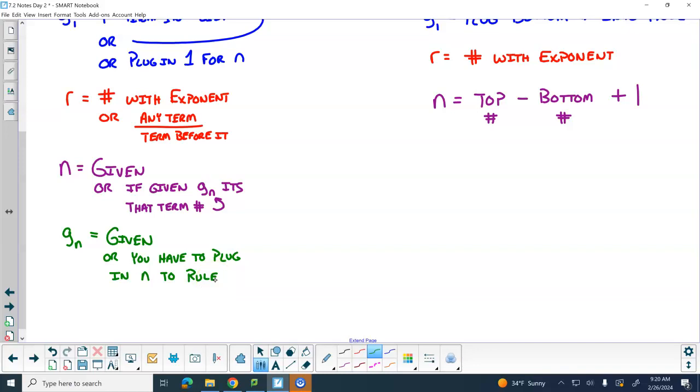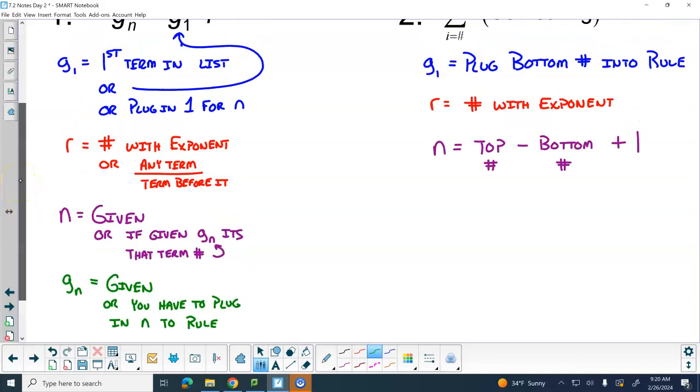If we're in sigma notation, how do I find the last term in sigma notation? Plug the top number in. Yep.